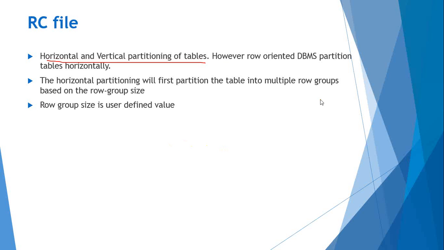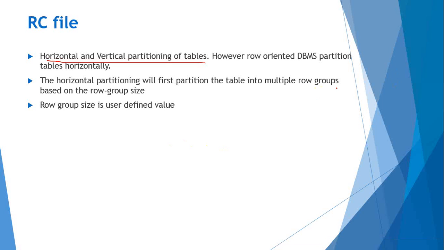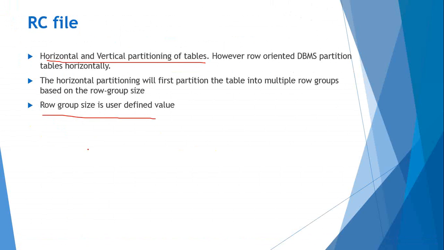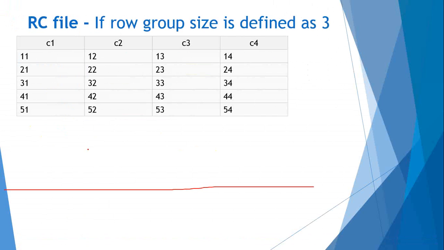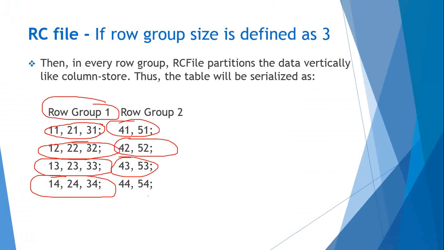So you get both partitionings on the table. Horizontal partitioning partitions the table into multiple row groups, and the row group size is always user defined. How many rows need to be taken in a row group, that you can define. So this is horizontal partitioning, and then you do a vertical partitioning on the data.